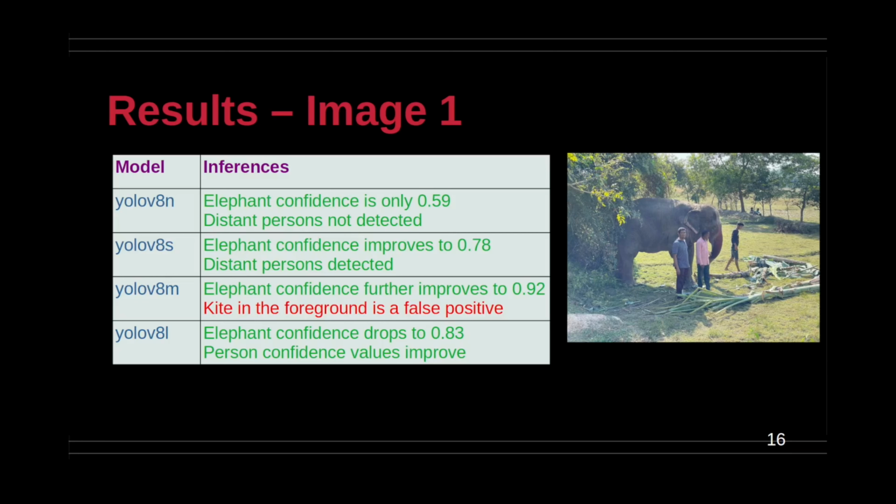In the medium model, the elephant confidence improves further to 0.92, but a partial bamboo tree on the ground is falsely detected as a kite. In the large model, the elephant confidence decreases slightly, but the confidence values for the persons increase. Although the runs display the processing time, these are not being examined in any detail except to understand that the nano model is the fastest and the large model is the slowest.